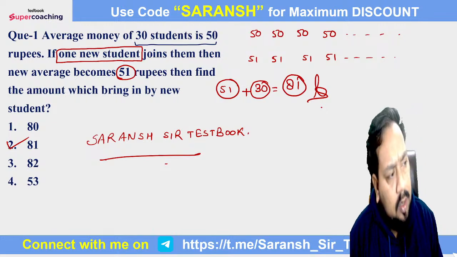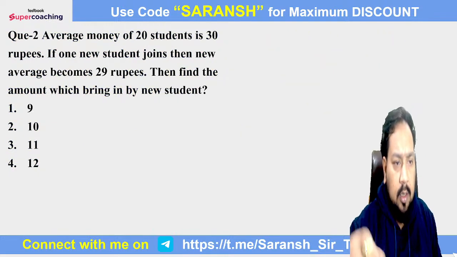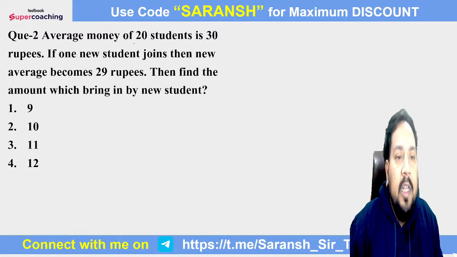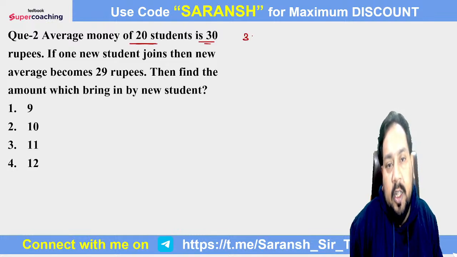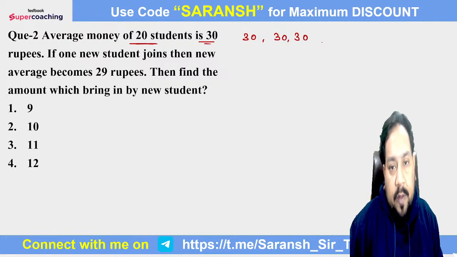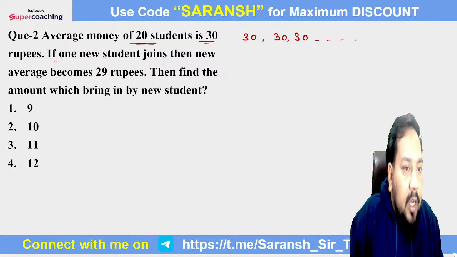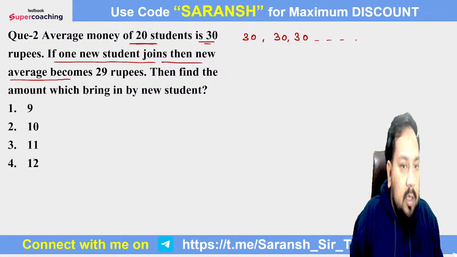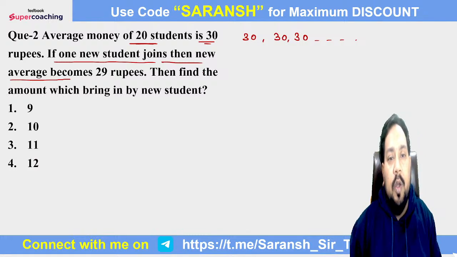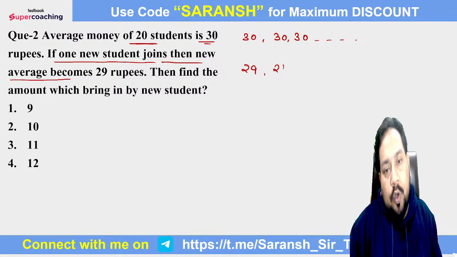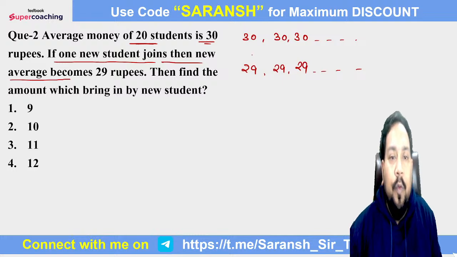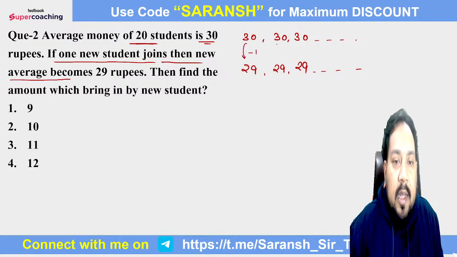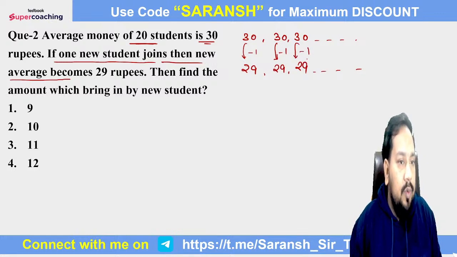Can we solve another question with this method? Yes. Just see. The average money of 20 students is 30. It means 30 rupees to everyone. If one new student joins the class, then the new average is 29. Tell me one thing: 1 rupee is decreasing for every student.